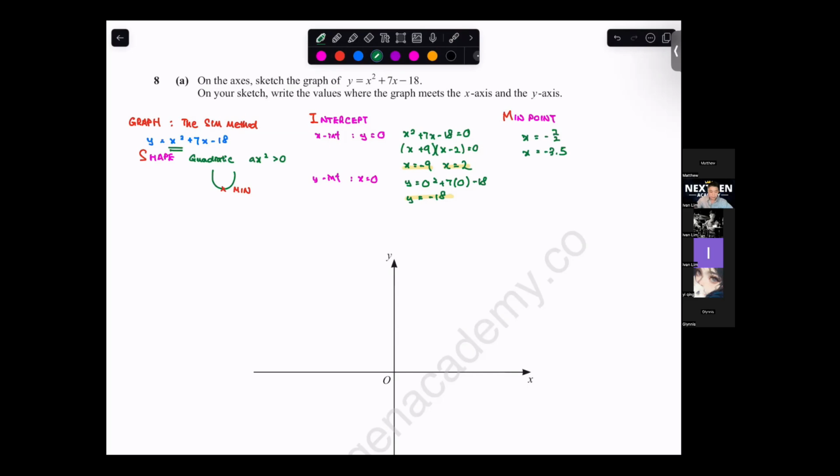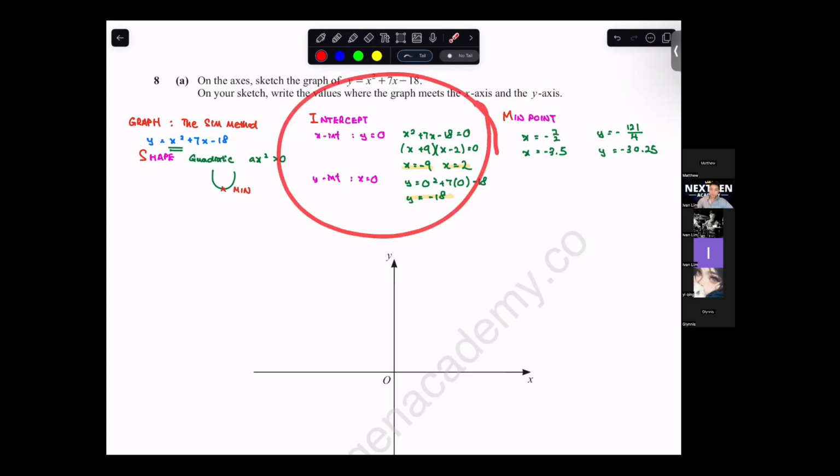Then y equals to negative 121 over 4, or you can change it to negative 30.25. You'll just write it somewhere at the side first, because for question B, B1 and B2, you will need to use this value. To draw it accurately also, I'm going to show you the common mistakes. You just need this part for the full marks.